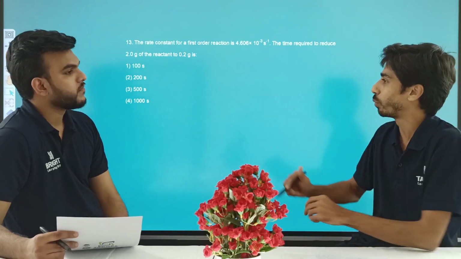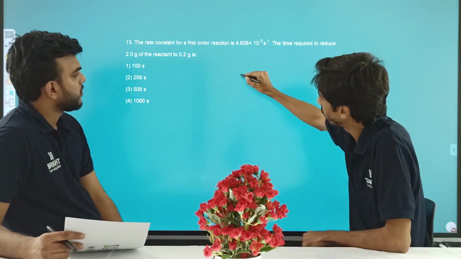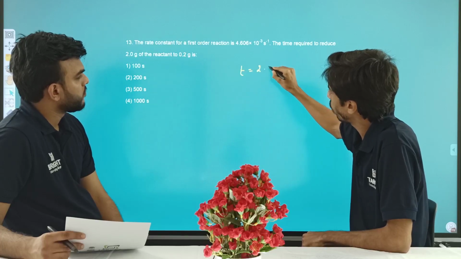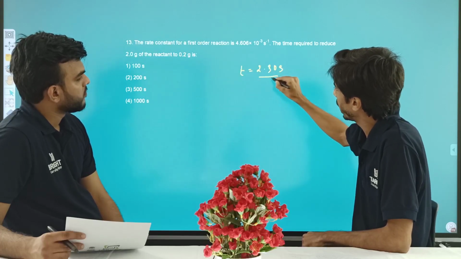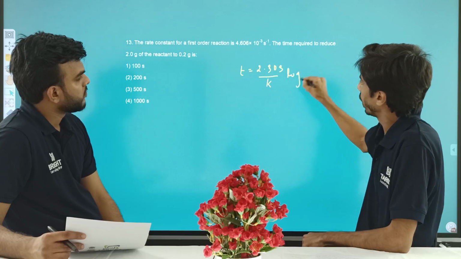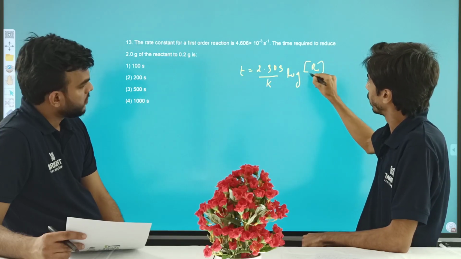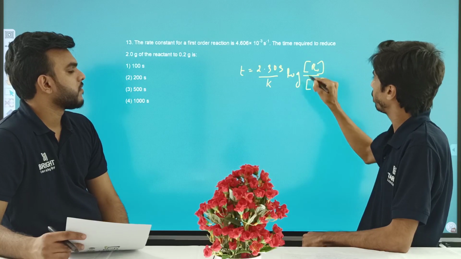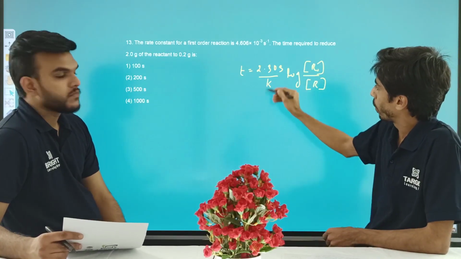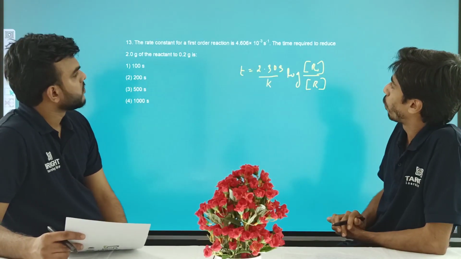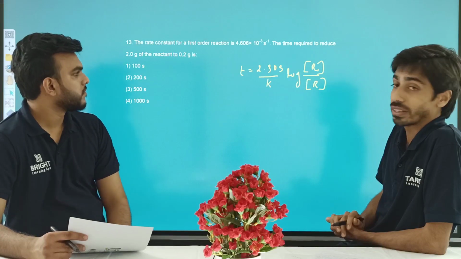We have the direct equation: t is equal to 2.303 divided by k, log of initial concentration divided by concentration at time t. K is already provided, k is equal to 4.606 into 10 to the power minus 3.